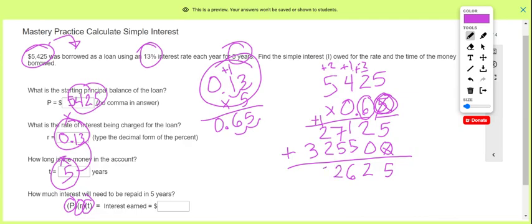Carry the 1. And do not forget your decimal place values above. We had 2 decimal place values. We're going to move it over 2. So I believe we should have $3,526.25. So I'm going to double check that real quick. Okay, those numbers look good.